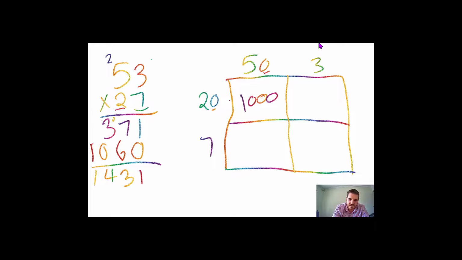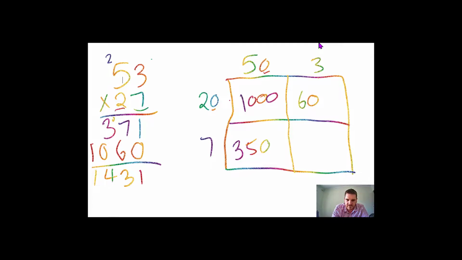And now I'm looking at 7 times 50, so I'll do 7 times 5, which is 35. And then there's 1 0 up there with the 50, so I'll put 1 0 on the end of that number. I'm looking at this box here, so looking at the number at the top, the number on the side. So 3 lots of 20, so I'll do 3 lots of 2, which is 6. I have 1 0 there, so I'll add the 0.